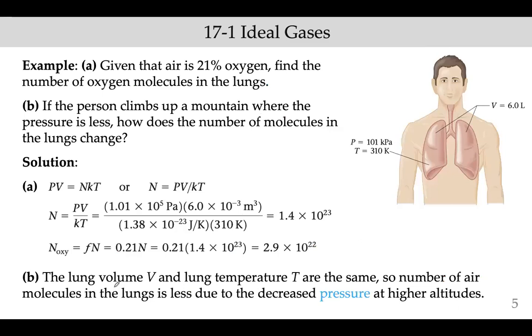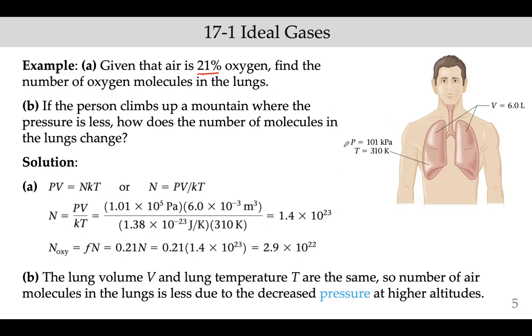Okay, we have an example here. Given that air is 21% oxygen, so in the atmosphere, the air that we breathe, only 21% of it is oxygen. Find the number of oxygen molecules in the lungs.